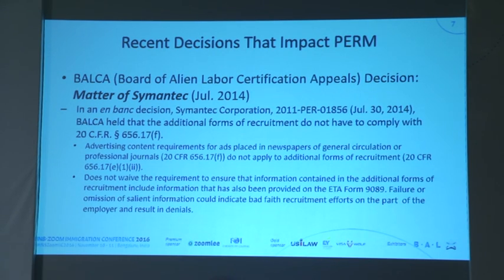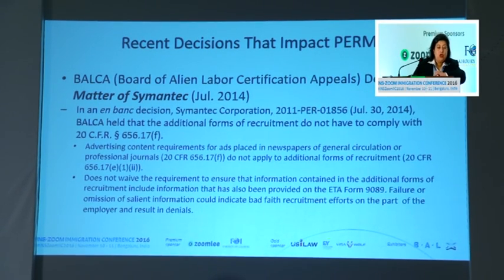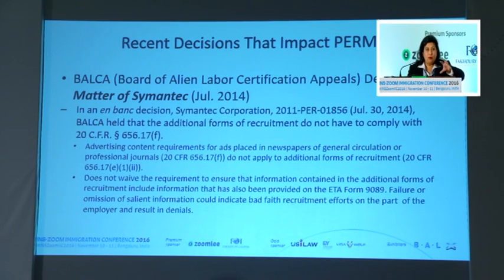Moving on to some recent decisions that impact Perm. The Board of Immigration Appeals, Labor Certification Appeals, in the Matter of Semantics, came around to the decision that the advertising content requirements for ads placed in newspapers of general circulation do not apply to additional forms of recruitment. So they're very strict about the language in which you have to publicize in the Sunday paper ads, in your Perm application, in the prevailing wage.